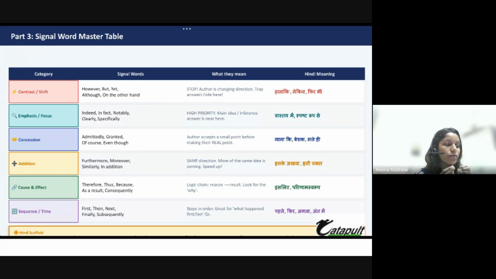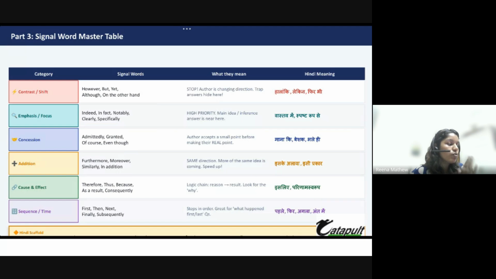Then if you have words like indeed, in fact, clearly, specifically, that is when you are giving emphasis. So these words emphasize the main idea. Third is not important.